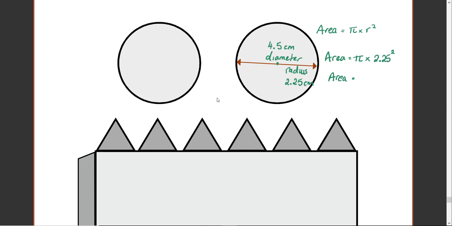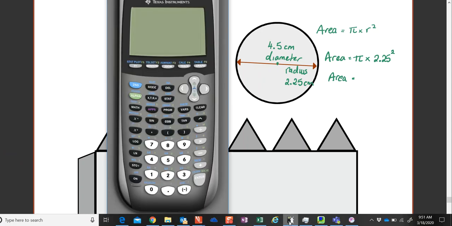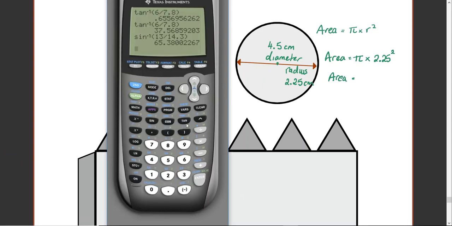So we're going to do pi multiplied by 2.25 squared. How did you do that? If you can't do squared, it's not plus, is it?